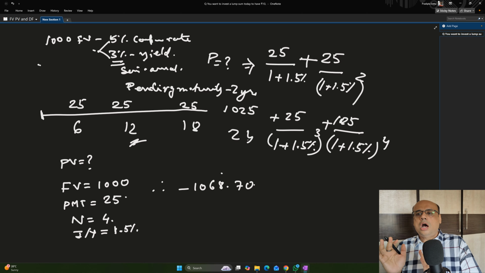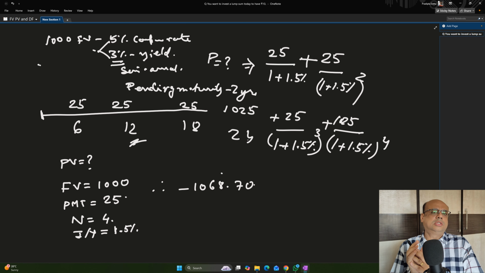So this is how we apply some of the concepts of time value of money. We will have to use this extensively during bond valuations, as well as in other derivatives, or when calculating VAR and all. So this is a very fundamental and important concept that we have to be very clear on.